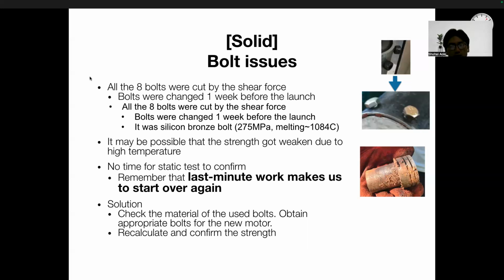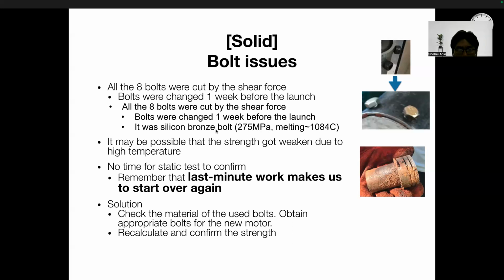For the solid propulsion team, the major issue was the bolts. I think Nefat is going to make a presentation later, but he reported that the bolts which were replaced just before the launch were silicon bronze. I checked the tensile strength and it seems to be 275 megapascal, whereas what we used for the calculation was 440 megapascal for mild steel.